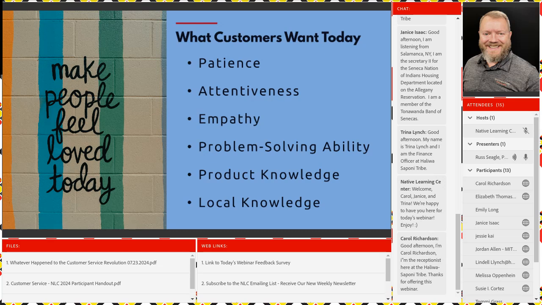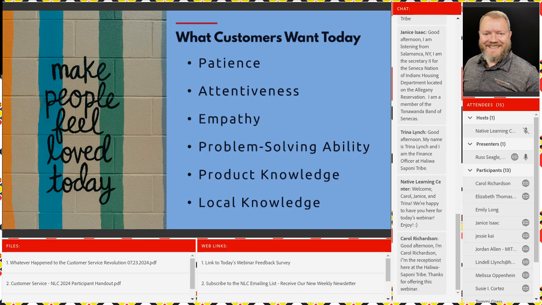If you've ever been in a retail store and you're trying to ring up your purchase and the person behind the counter is chewing gum, talking to a friend, or maybe they're texting a friend, they're not really paying any attention to you. You understand that level of inattention is maddening. It's maddening. So people just want to know that, hey, for the next moment, I want to be the center of your universe so that you can take care of me.